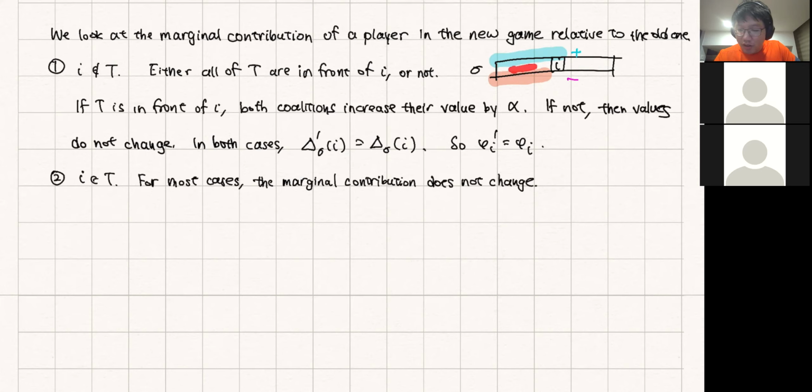If the rest of T are all in front of I, then this coalition without the I is the same as before. Don't change the value. But now this coalition, which now contains T, does have an added alpha to it. So in the case where all the remaining players in T are in front of I, we do have a change in marginal contribution.